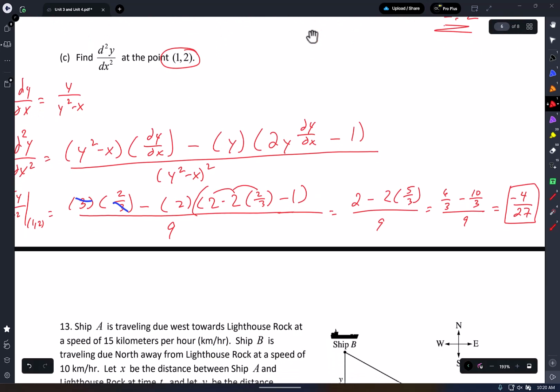With time, you just kind of get better. Just don't confuse that 2 there, the parentheses here in blue. I don't see any issue. I think we're good, guys.